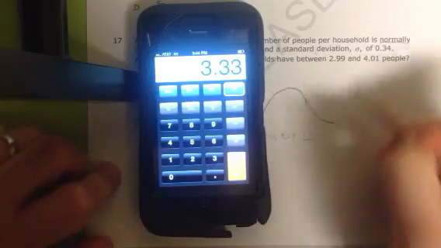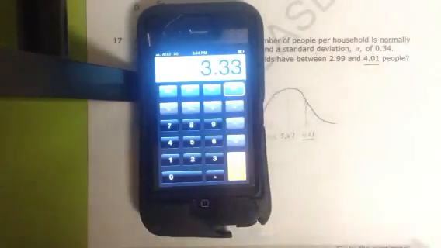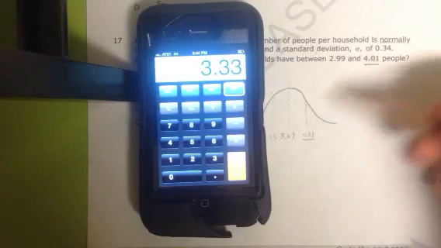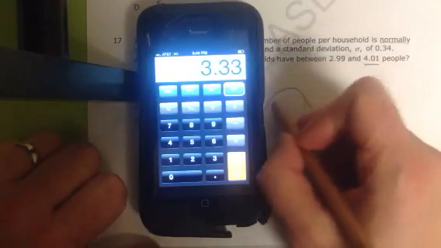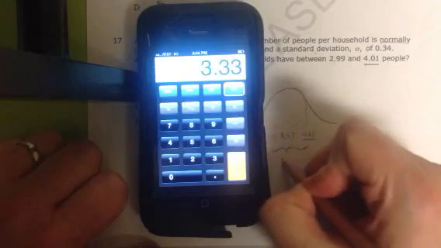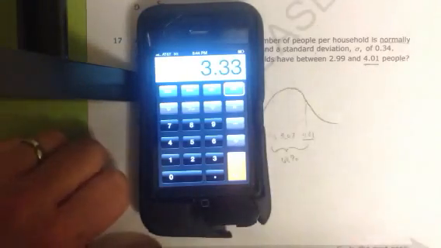And notice we're already seeing that number come up. So from here to here is 68% of the data.